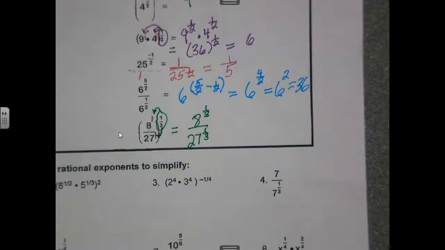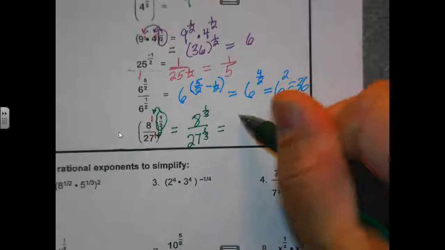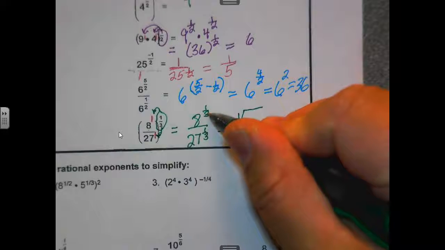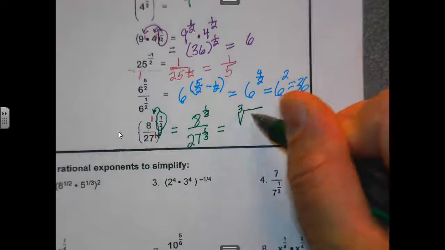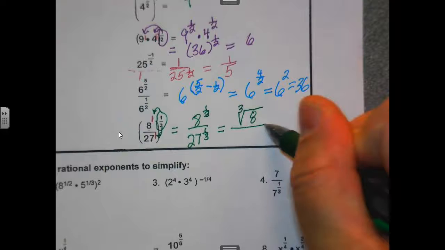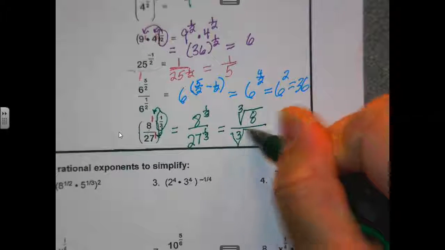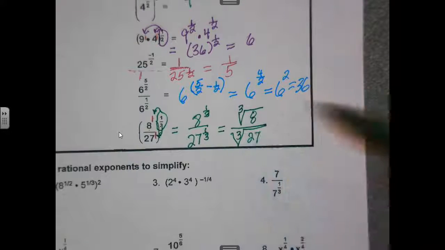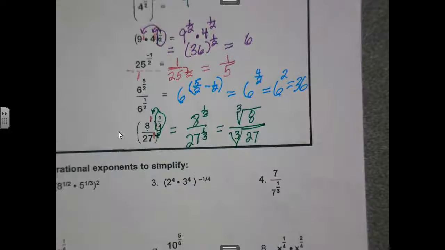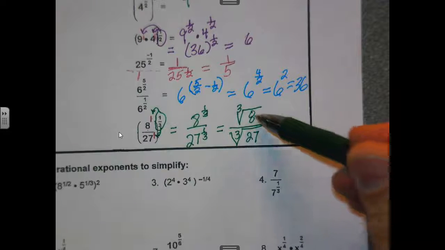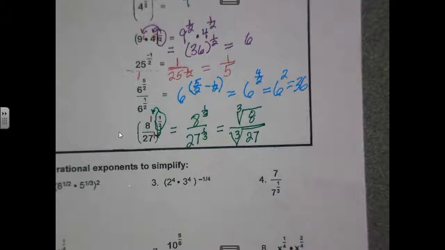Now, we're not going to get to this until the next section, but this would equal, instead of a square, we got a cube there. Cube root of 8 over the cube root of 27. These are actually perfect cubes, 8 and 27.